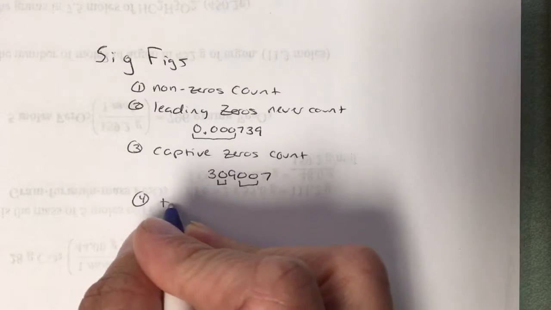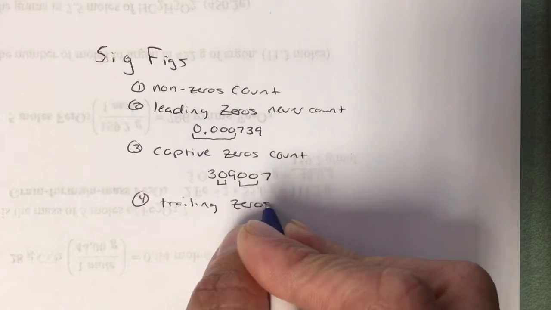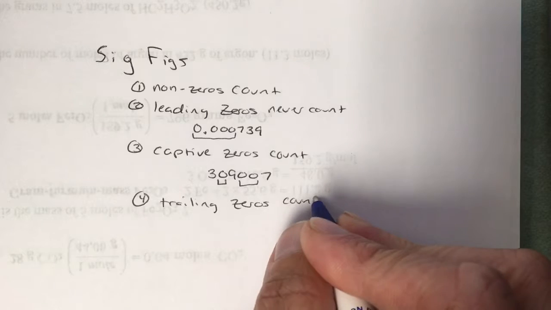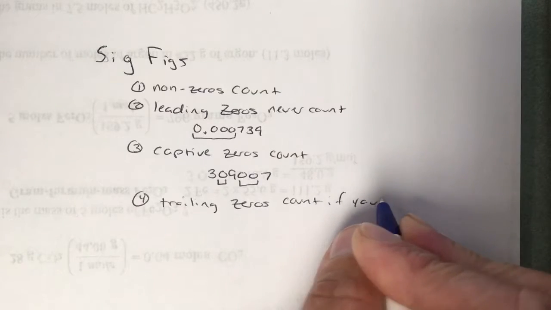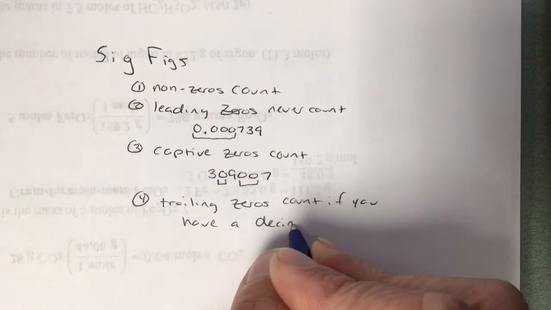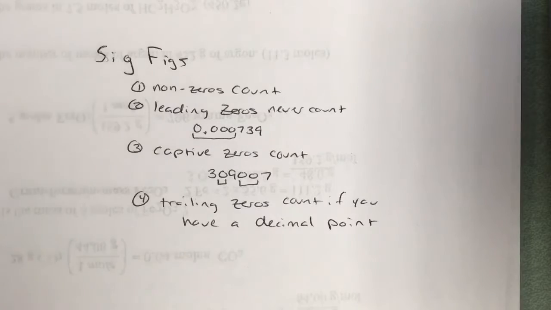And then number 4, trailing zeros. They count only if you have a decimal point. They can be in front of or behind the decimal point.